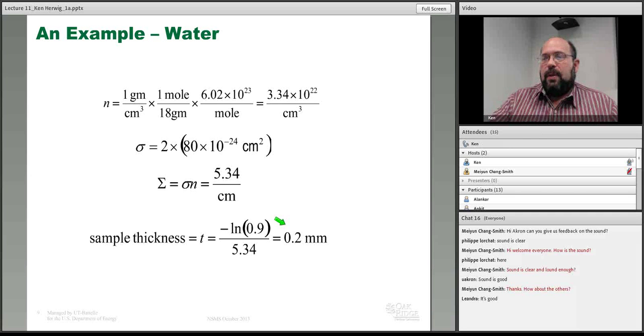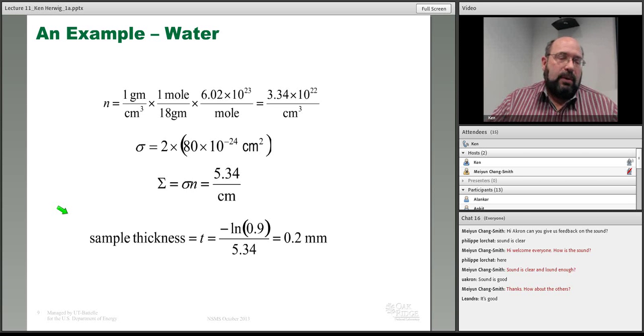And so that can sometimes pose a challenge in creating very, very thin samples when you have essentially entirely hydrogenous samples. For disk chopper spectrometers and for backscattering, we often prefer cylindrical geometries for our samples.